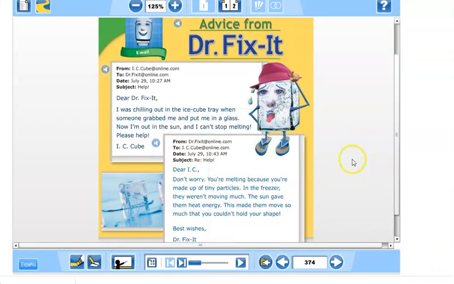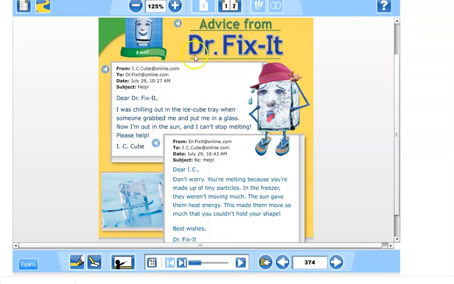And Dr. Fix-It here is giving advice. What we're going to be looking at today is an email from Dr. Fix-It that shows an example of how an email is written and all the different parts of an email.